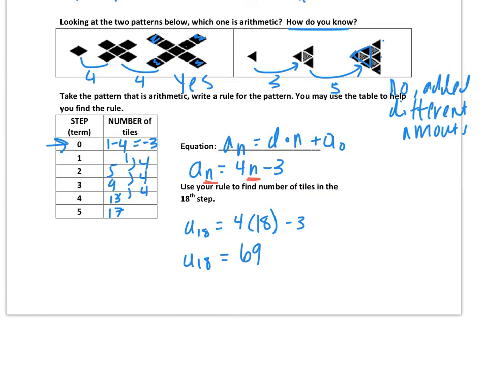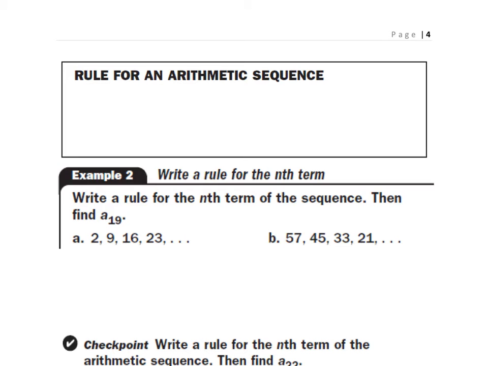All right, so let's take a look at the next page where we're going to be talking more about these rules. There are 2 ways we can write the rule for an arithmetic sequence. The way I just showed it, a to the n equals the difference times n plus the 0 term. You're always going to have to work backwards a little bit to get the zero term, the term before the first term.